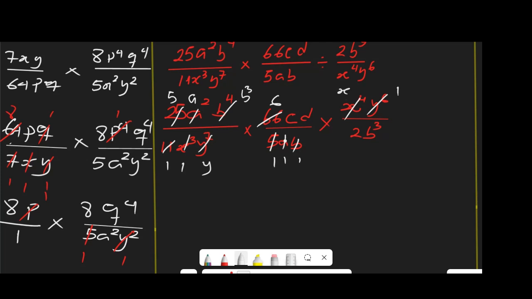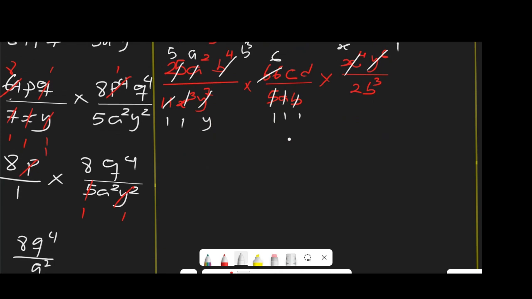So let's write what we have at the moment and see whether we can simplify further. Okay, so this is what we have. We have 5a b cubed over y, that is 1 times y.